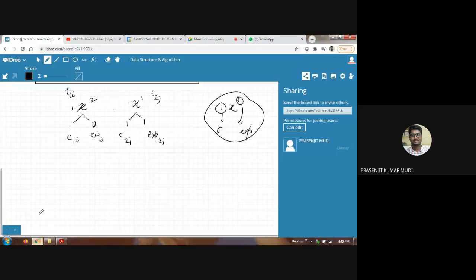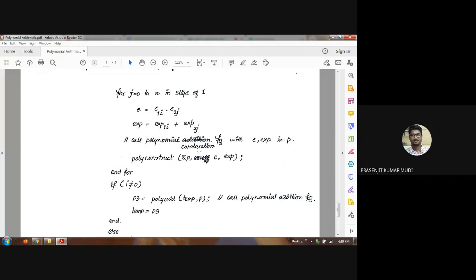What is the term computed? 1 into x cube. So polyconstruct will take care of this term which is being just computed. Let me explain the second for loop iteration, then you will understand. So polyconstruct, that is done. Then end for the loop.